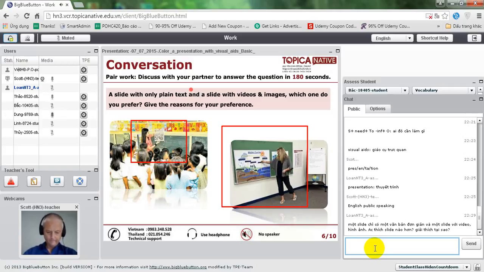But I think that a slide with video and image is lively and attractive. So I think that you should make a slide with video and image.